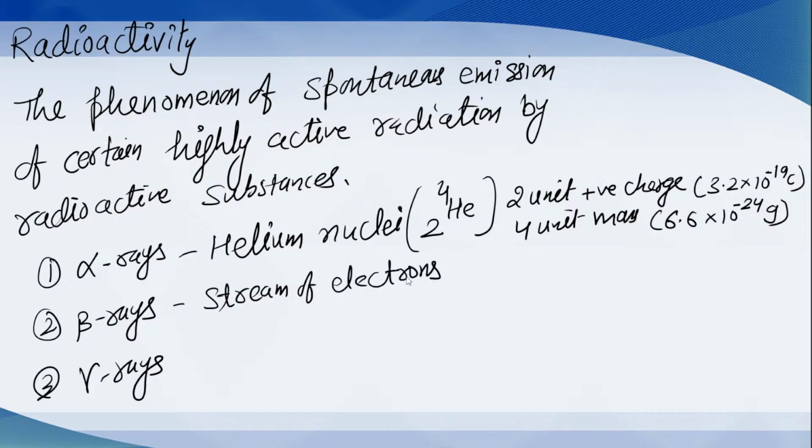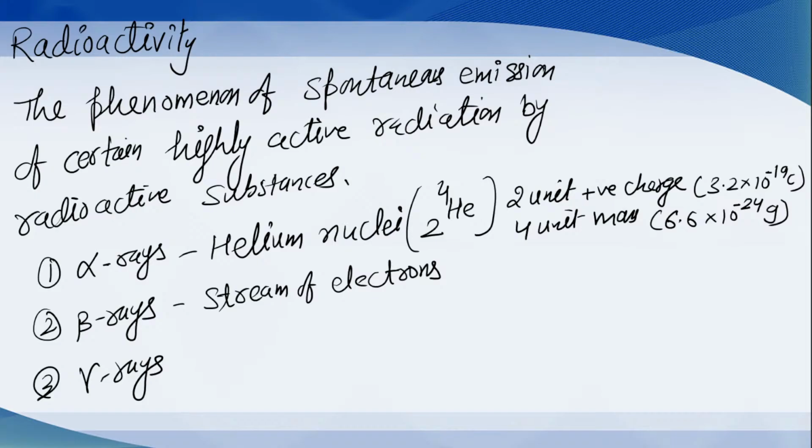You know alpha rays as well as beta rays are deflected by electric field as well as magnetic field, because they are charged. So this beta particle has charge and mass the same as the electron. Therefore, beta particles are a stream of electrons only.